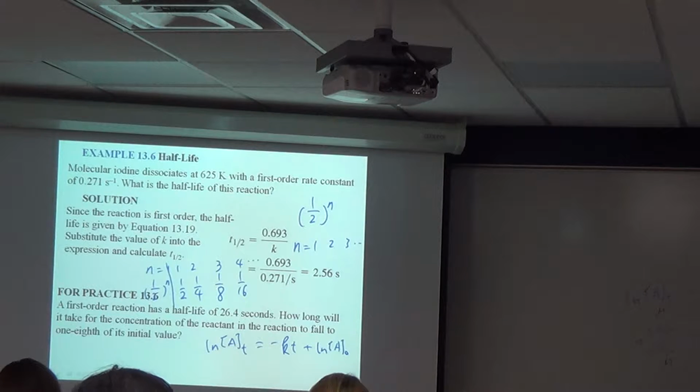Even though sometimes you feel, no, I don't know what is A0. But if I tell you it falls to 1/9, 1/8, 1/3, that means At over A0 becomes 1/8.